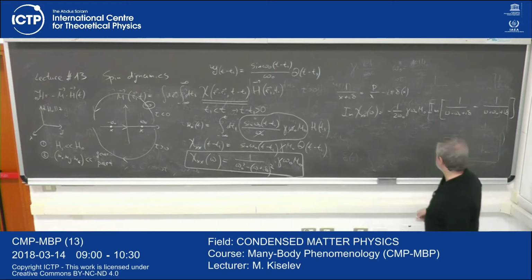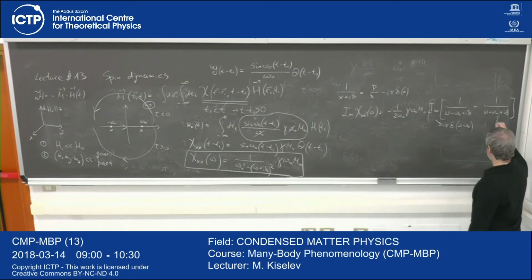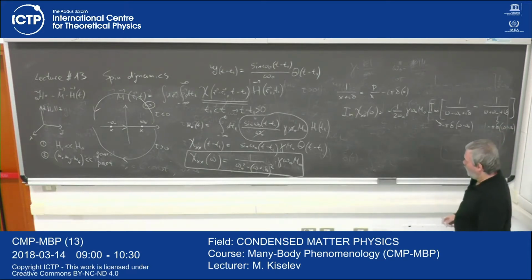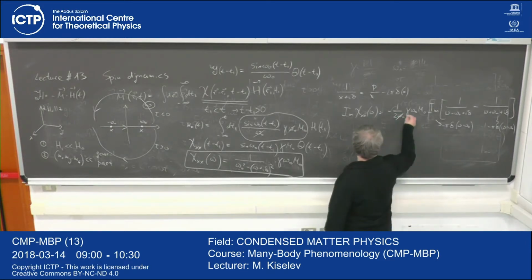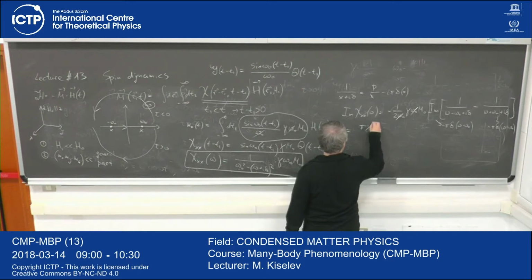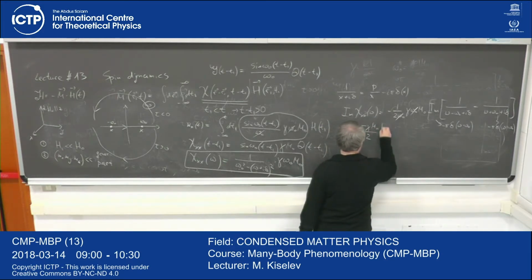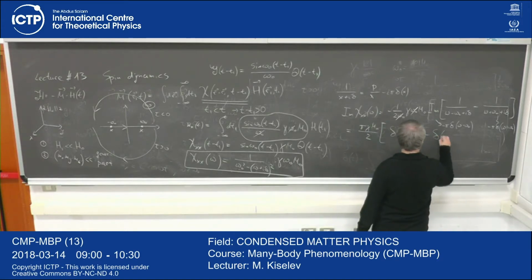Using this identity, this is minus pi delta function (omega minus omega naught). This is minus pi delta function (omega plus omega naught). I will take the overall minus sign out of the bracket. And therefore, I write down that this is pi gamma m naught over 2 times [delta function (omega minus omega naught) minus delta function (omega plus omega naught)].